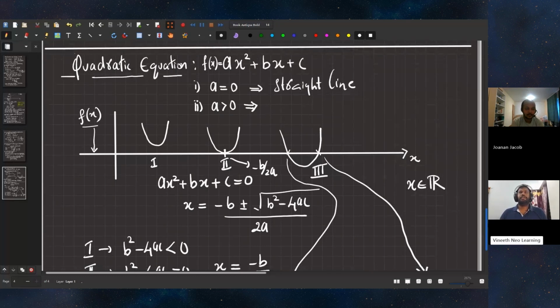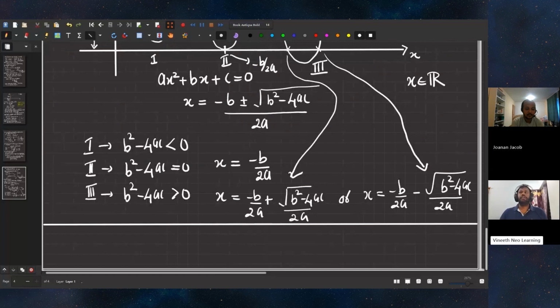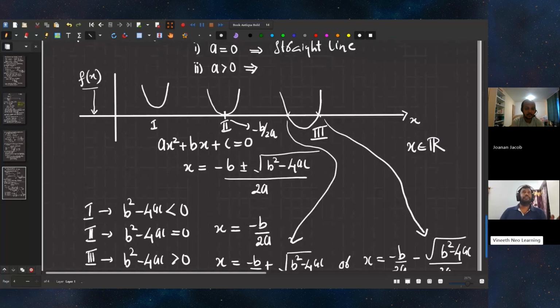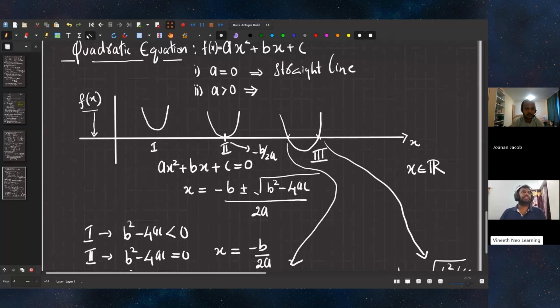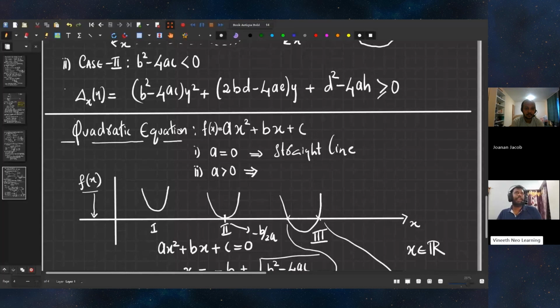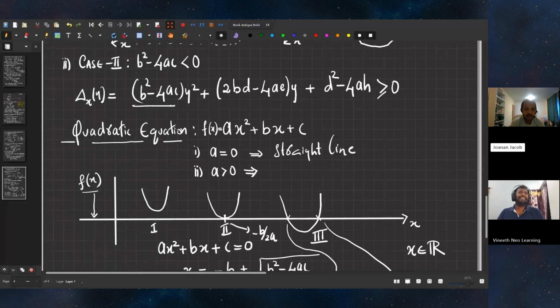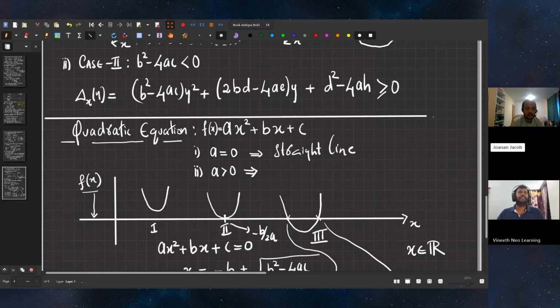So let's go back to our discussion. In our case, the quadratic equation is this, and we have assumed that b squared minus 4ac is less than 0.